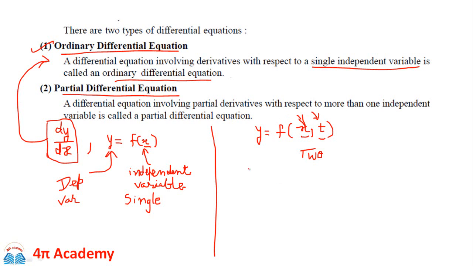Therefore we write the partial differentiation of y as del y by del x as well as del y by del t, because the value of y changes with respect to x as well as with respect to t.